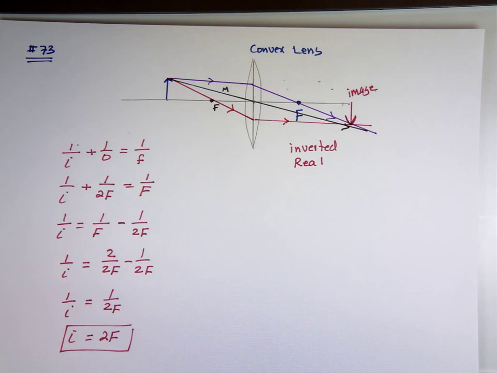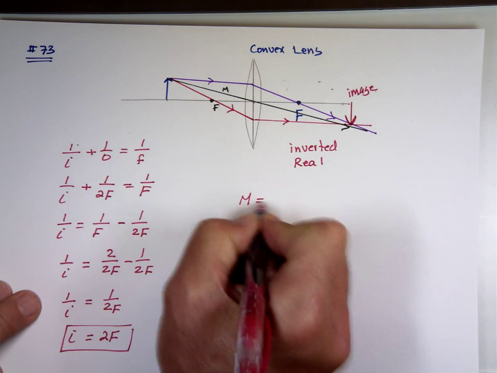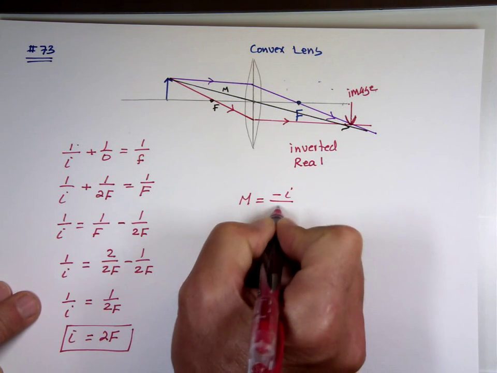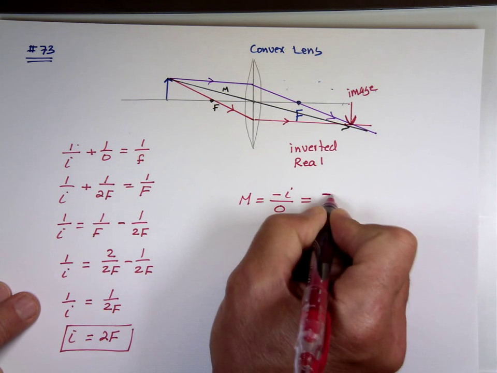Is the image upright or inverted? It looks like from my picture it's inverted, right? So I can say inverted. Good. Is the image real or virtual? On the other side, that's a real image. Good. What's the magnification? It's negative I over O. Negative I happens to be what? 2F.